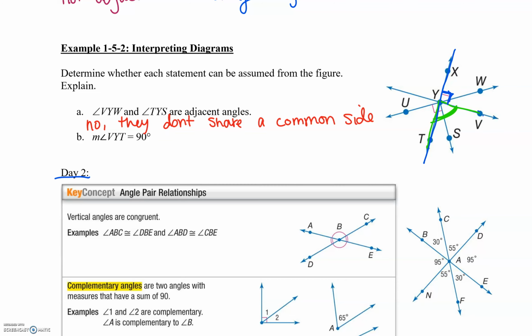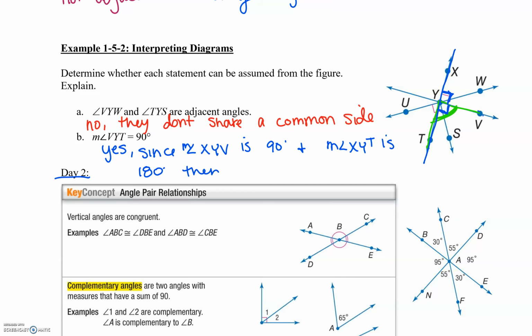Okay, so if this is 90 and this forms a line, then this would have to also be 90 since they form a linear pair. So, yes, since angle XYV here is 90, and the measure of angle XYT is 180 since it forms a line, then the measure of angle VYT is 90.